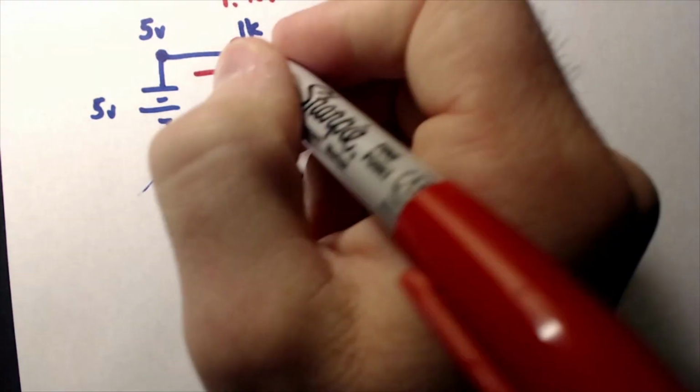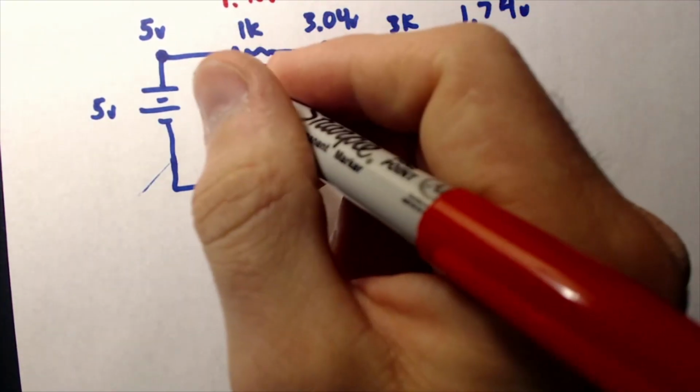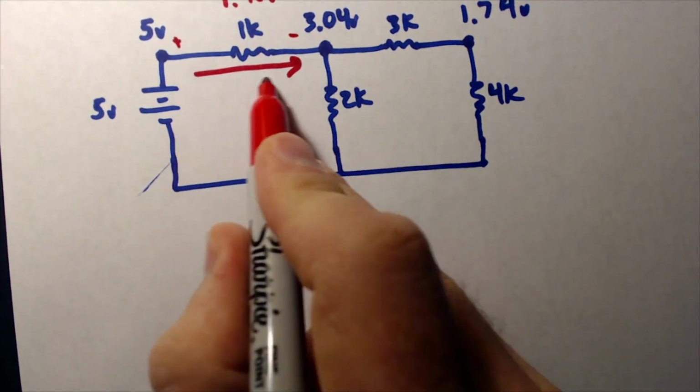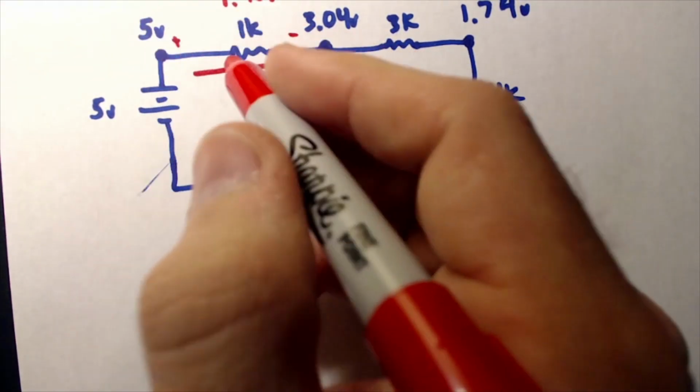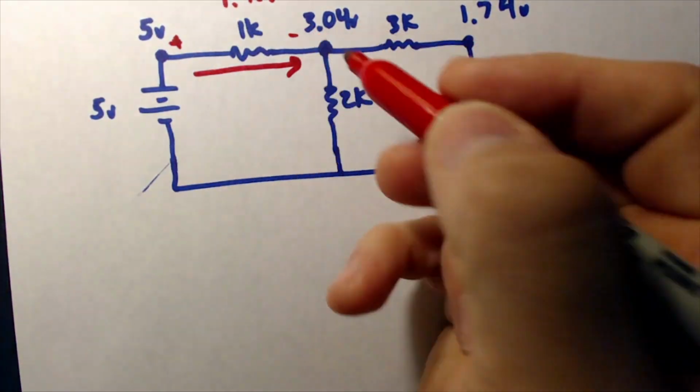Now, if you're having trouble seeing that, again, just let current be your guide, right? Current always goes from a higher voltage to a lower voltage. I'm just looking at the direction of this arrow. At the tail here is positive, at the head it's minus.